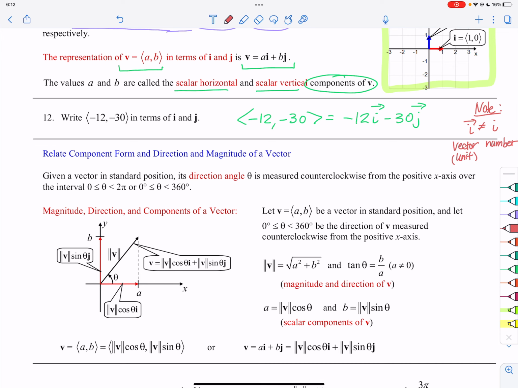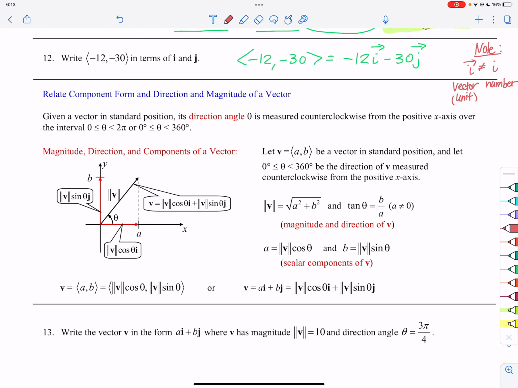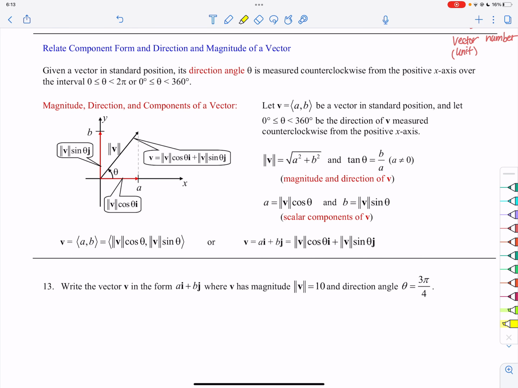Okay, so now we're going to relate the component form and the direction and the magnitude of a vector. So let's look at all of this together, and you can see we now have theta, which is now our direction angle, and it is measured counterclockwise from the positive x-axis, okay? It's always going to be over this interval, 0 to 2 pi or 0 to 360 degrees. So there you can see the direction angle.